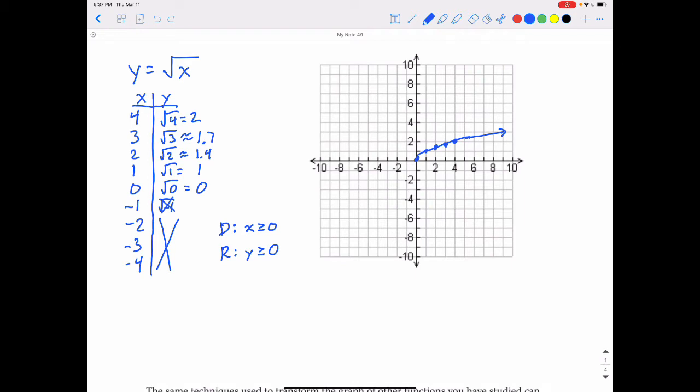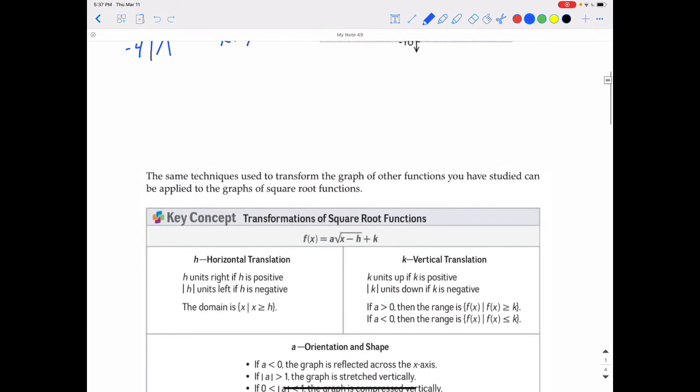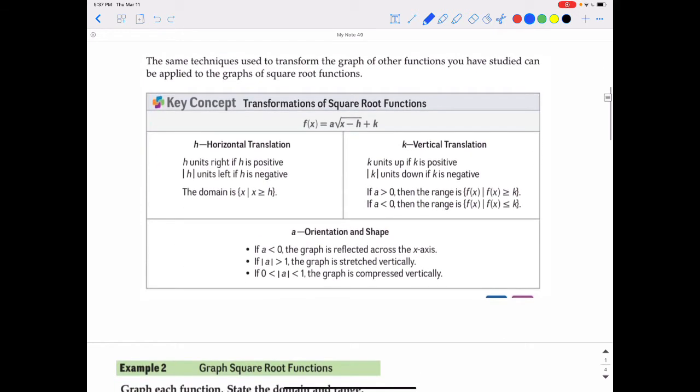It's not always those, depending on how the graph looks and what the equation looks like, and that's what we're going to explore next, is some of the concepts that we've learned at previous lessons also apply to square root functions. The basic form of a square root function, one that can be transformed, is the function y equals a square root of x minus h plus k.